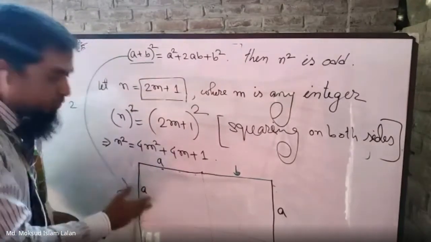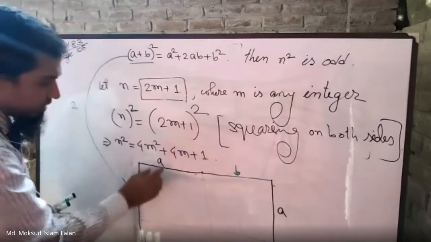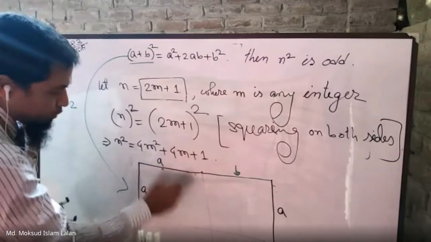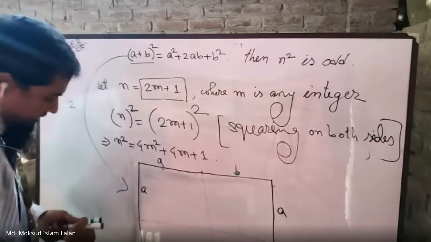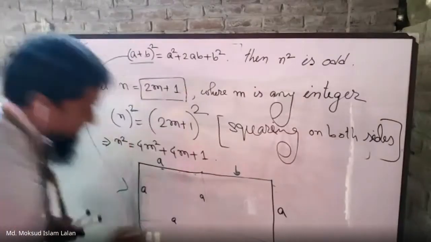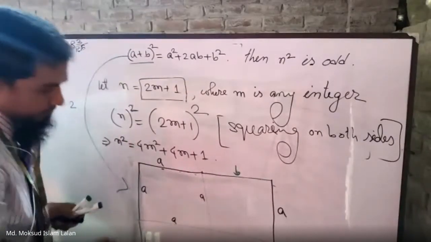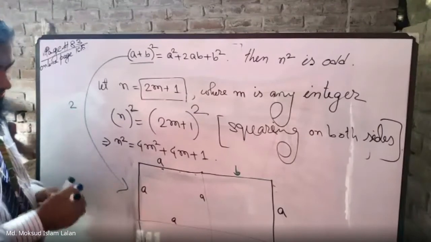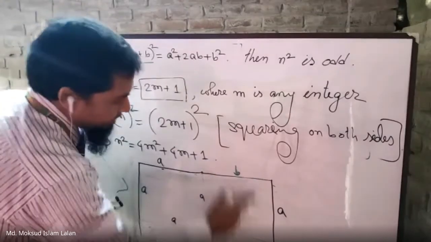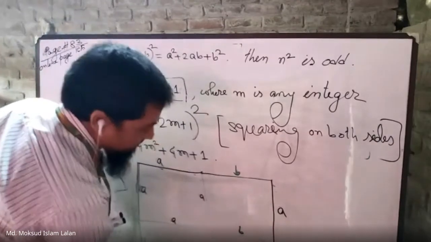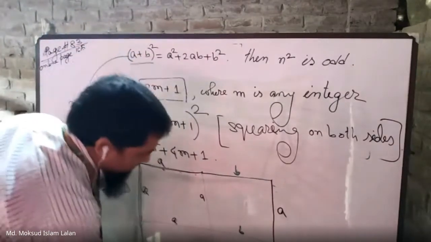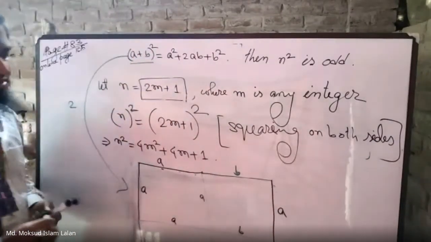So there are 4 segments here. This is A, this one A. So what will be this one? This one also A, right? This one A, this one A. Am I right or not? Since this is B, this one also B. This is B, this also B. Am I right? Yes, sir.